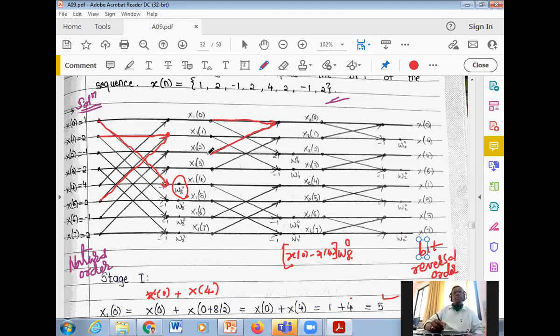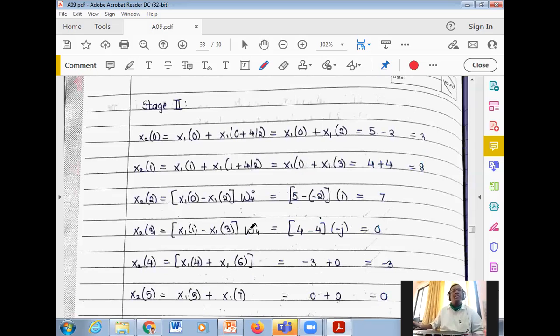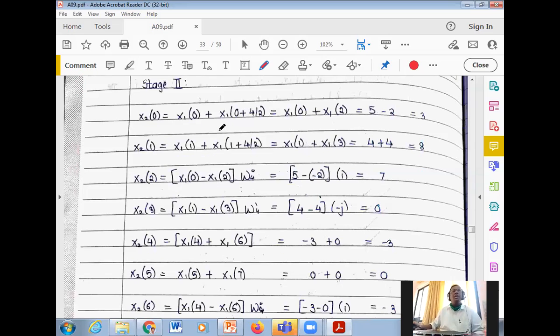Likewise, we are performing the stage 2 computation. Then x2 of 1 equals x1 of 1 plus x1 of 3. Just by substituting these values, the output of stage 1 we have got, we calculate this stage 2 result.